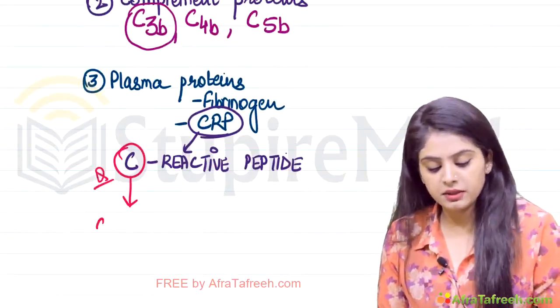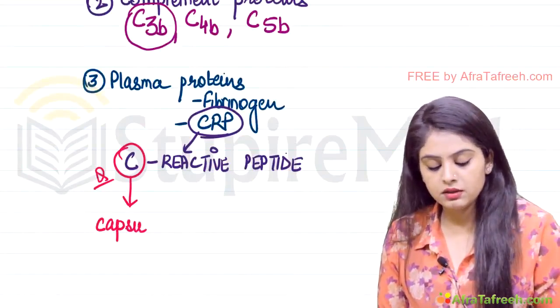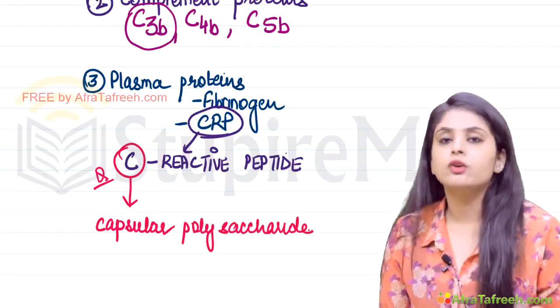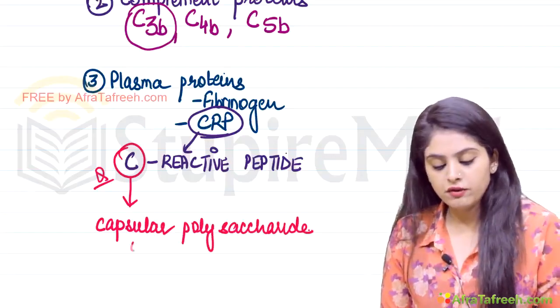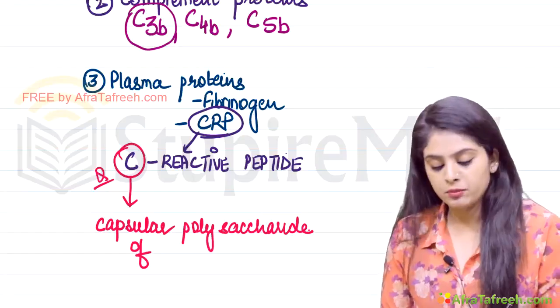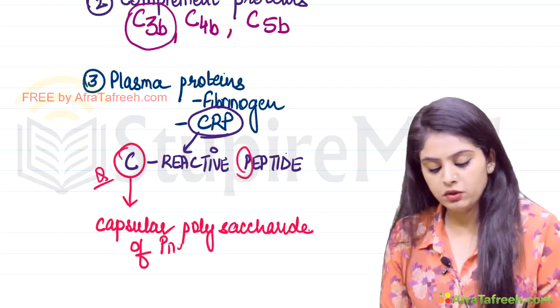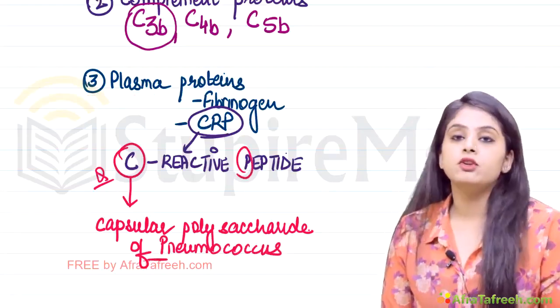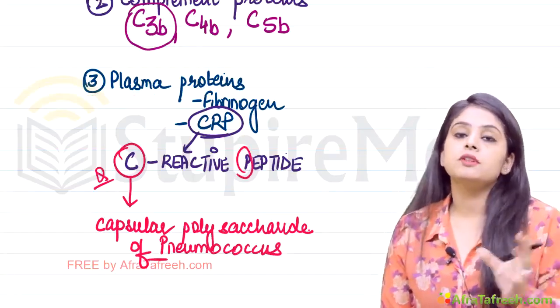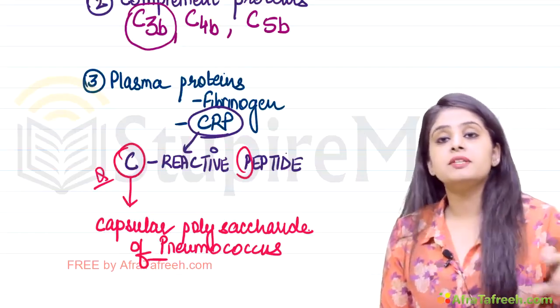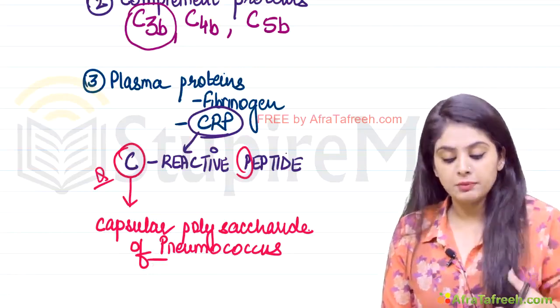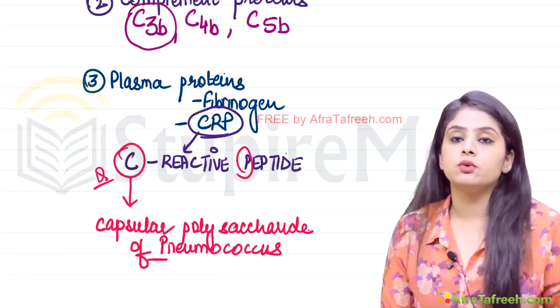This C is nothing but the capsular polysaccharide, or you can say a carbohydrate, of which organism? So P for peptide, P for pneumococcus. It is a capsular polysaccharide of pneumococcus. So that becomes the entire full form, C-reactive peptide, where C is for the capsular polysaccharide of pneumococcus.